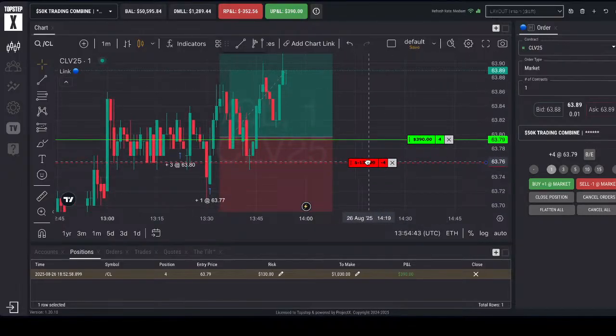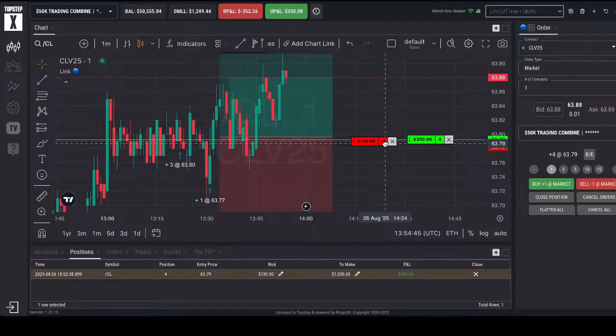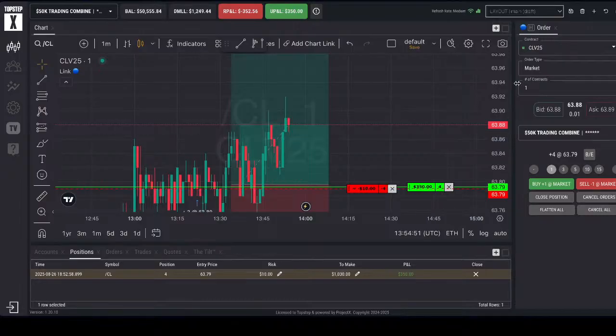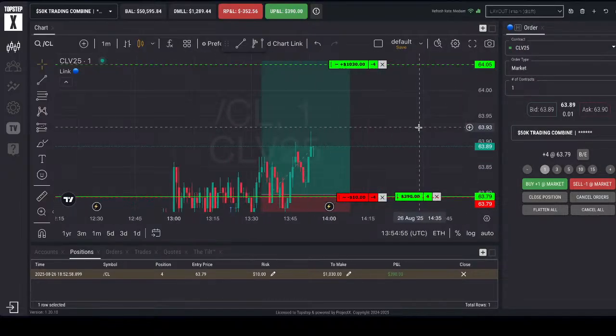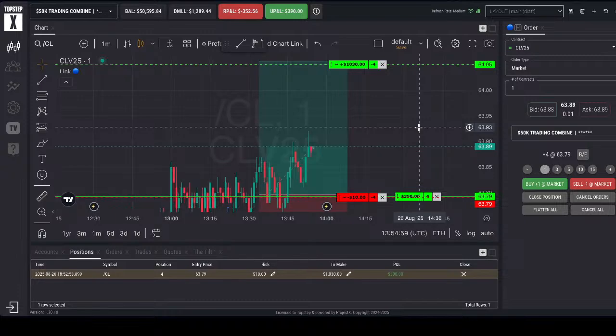Why is this happening? It's plus 30. Okay, cool. Well, let's get minus 10. Yeah, that's it. We will wait for the price to move up.